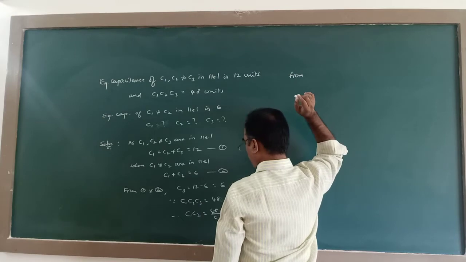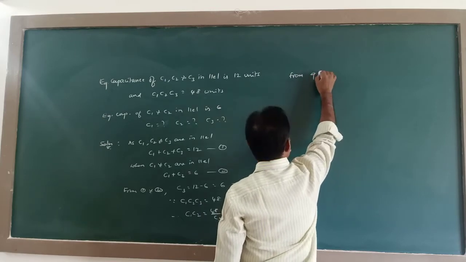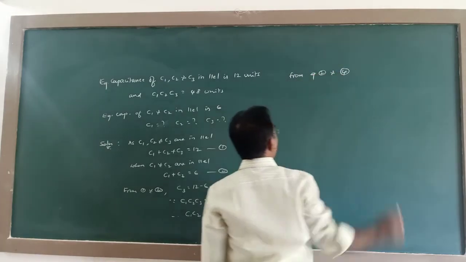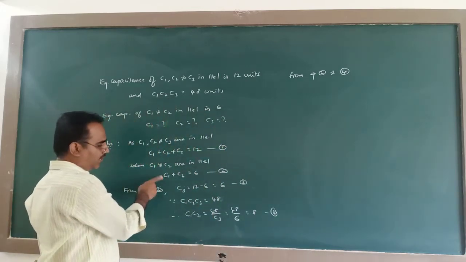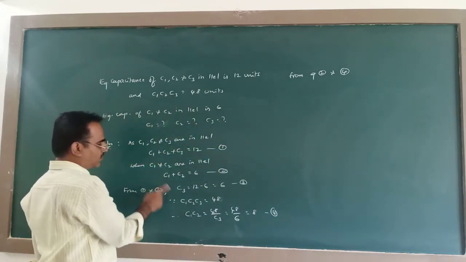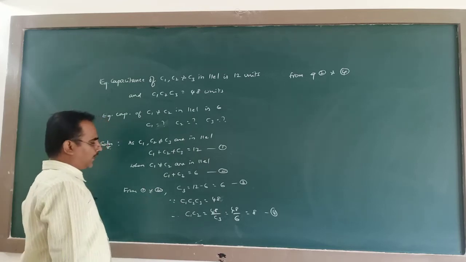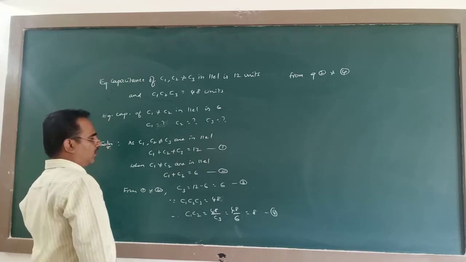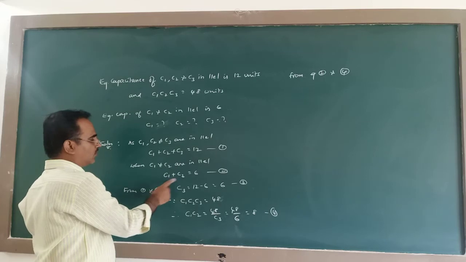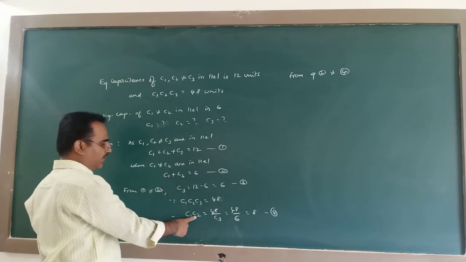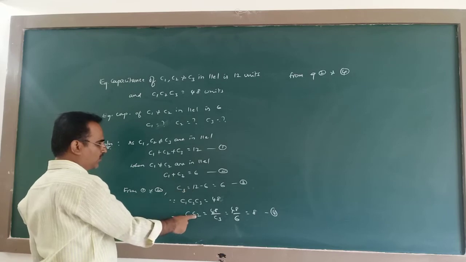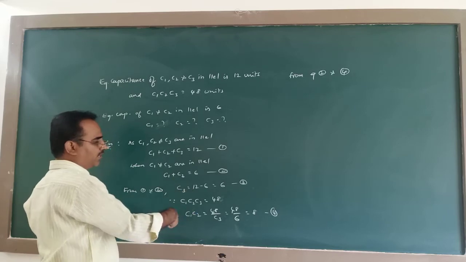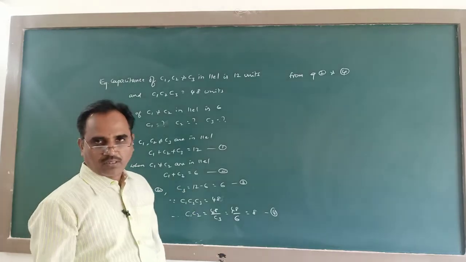From equation 2 and equation 4, if I substitute C2 is equal to 6 minus C1 here, this will become a quadratic equation in C1.